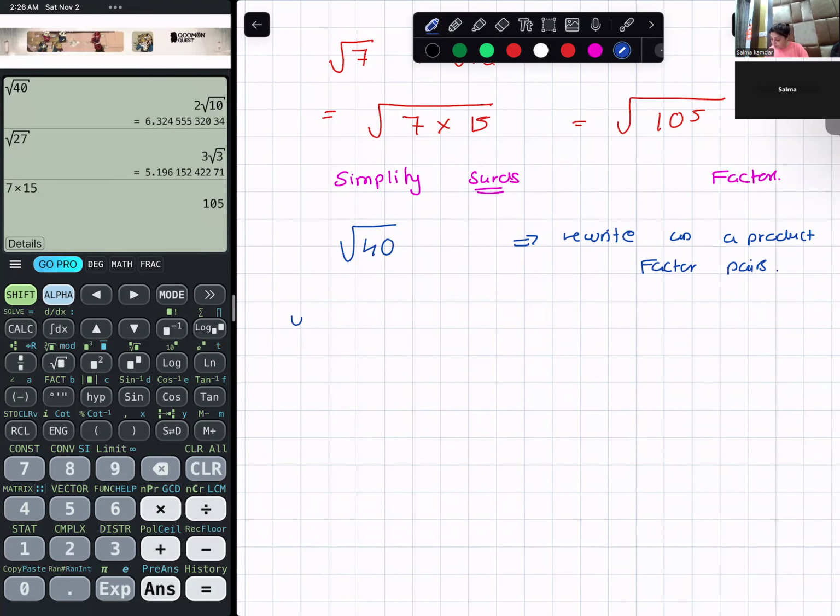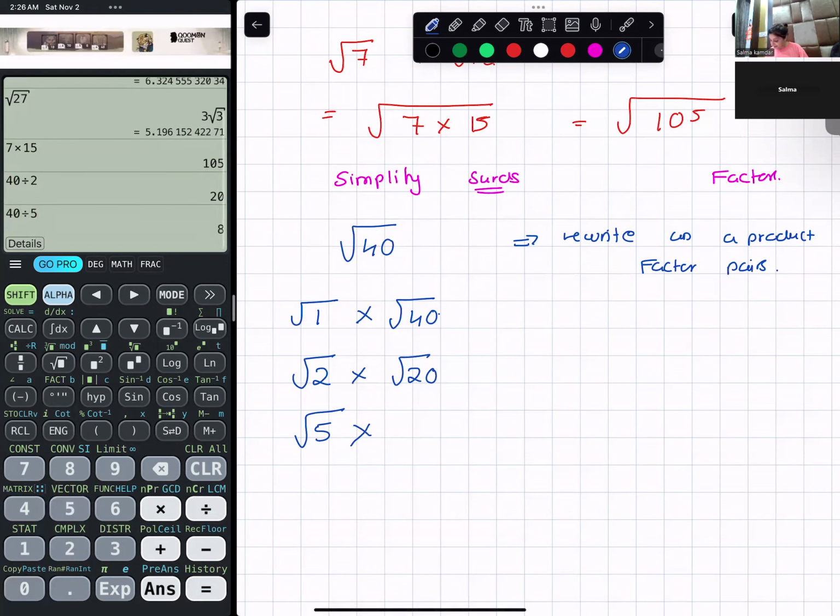Root 40 is equal to root 1 into root 40, because 1 and 40 are factors of 40. 2 times 20 is also 40. 5 times 8 gives me 40. Or I could say 4 times 10 gives me 40.